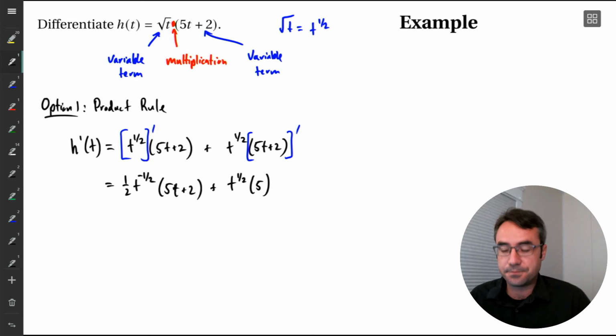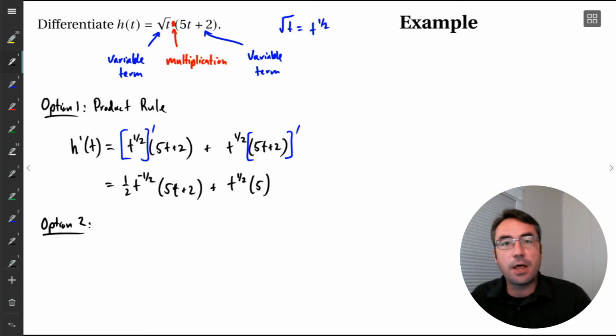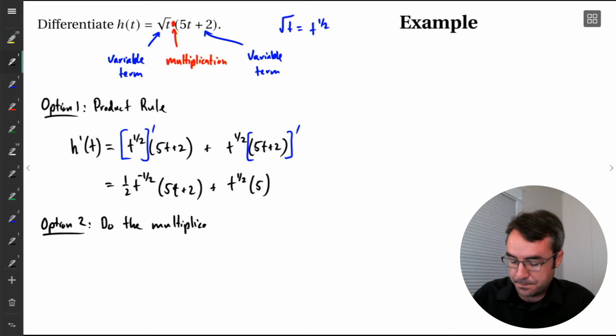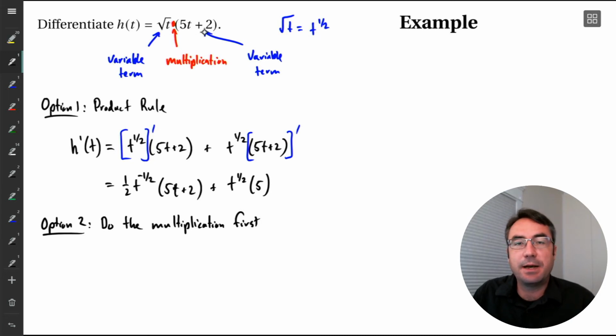All right, so that is one option. Do the product rule. Sometimes it's a little bit easier, or just another way to do it is to actually do the multiplication first. So sometimes we can actually do the multiplication. So when we look at this, we have a power function times a polynomial.